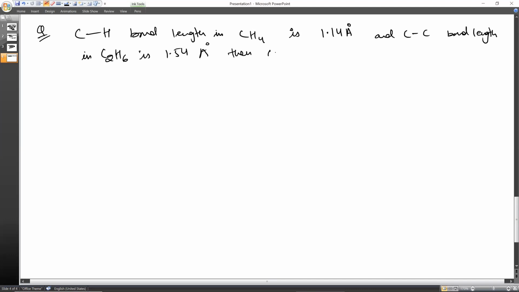Then the covalent radius of H is? Calculate it, please. You have 2 minutes to solve this one now.